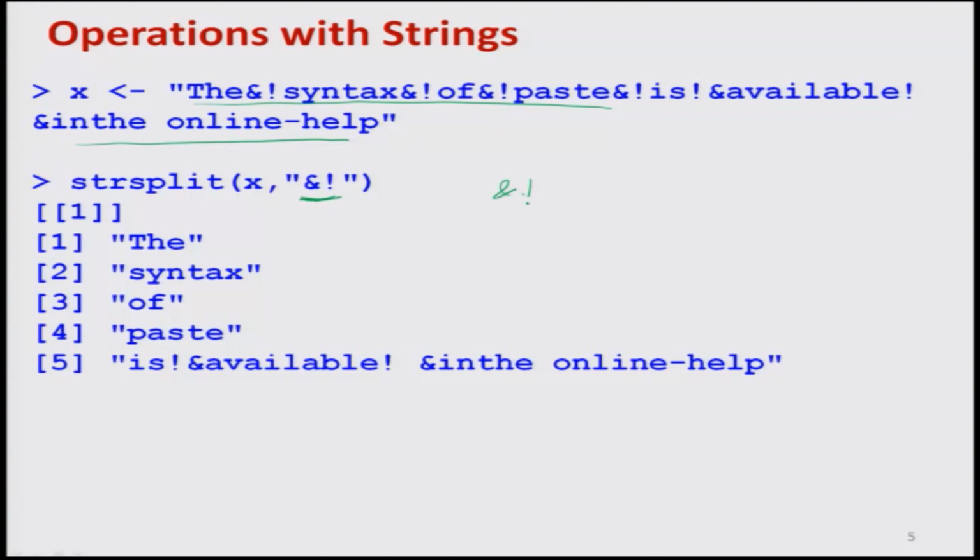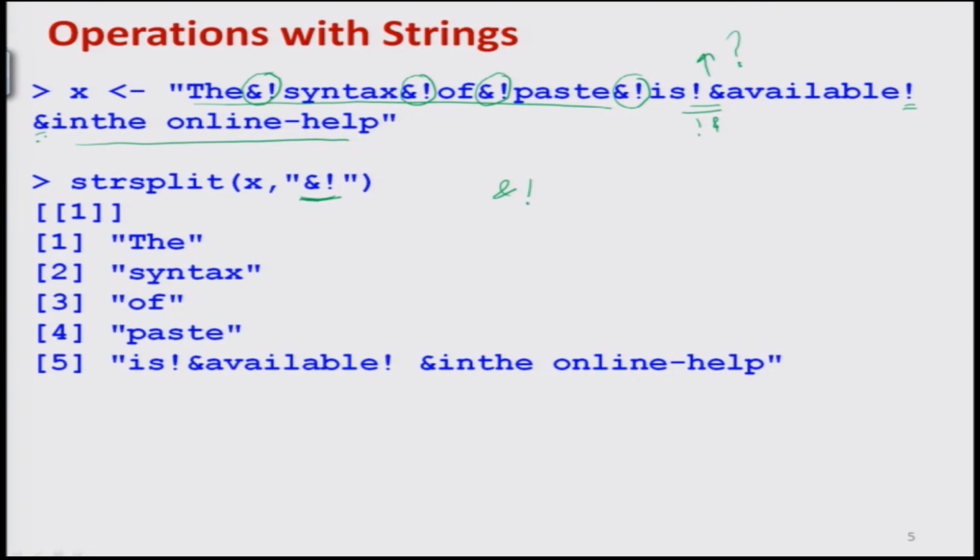Firstly, let us see where this symbol is occurring in this sentence. This is here, here, here, here. Is it here also? No. This is the opposite. This is the exclamation sign and this is the sign which we don't want, and similarly here also.